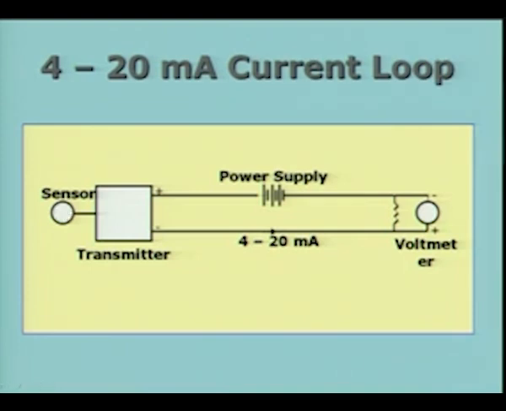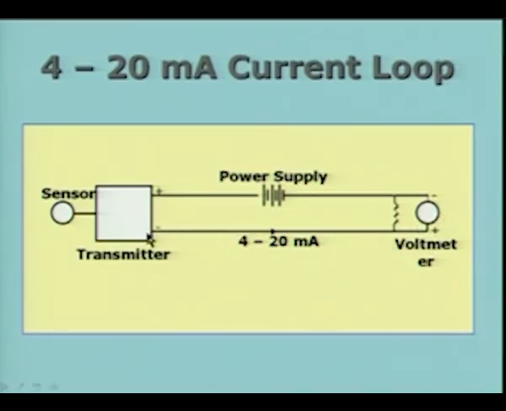For example, in a laboratory, the instrument itself may be mounted on some equipment which may be tens of meters away from the voltage measuring device, or the cabin in which we have kept all the measuring instruments.